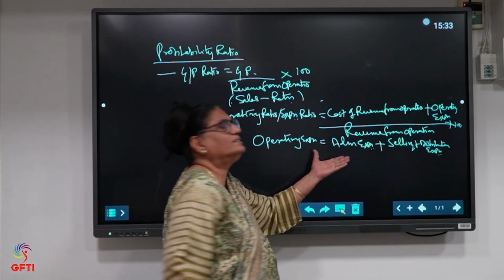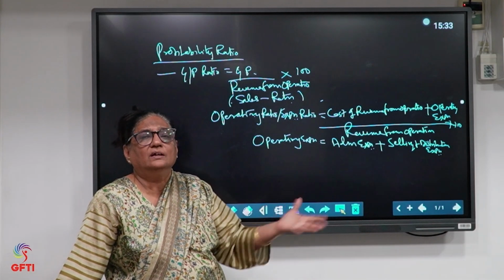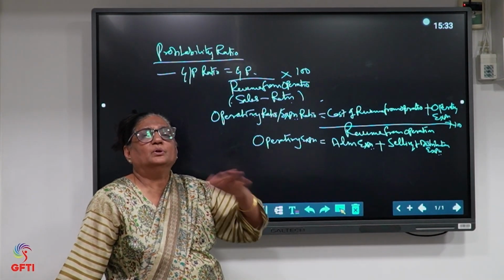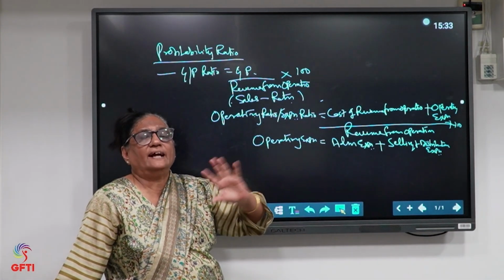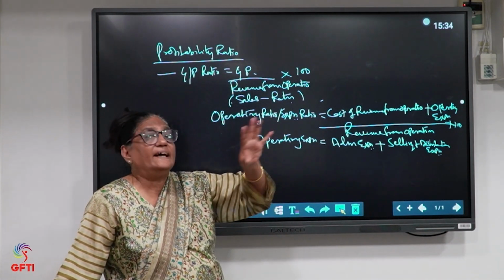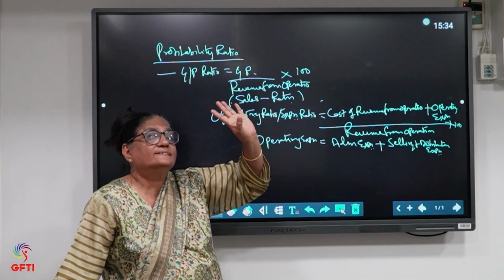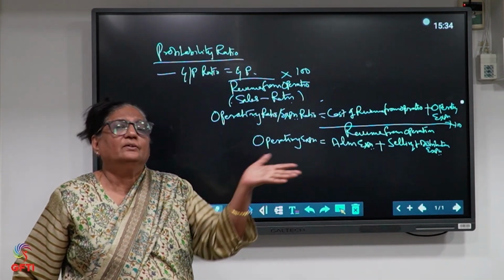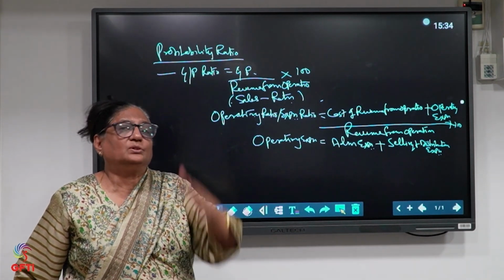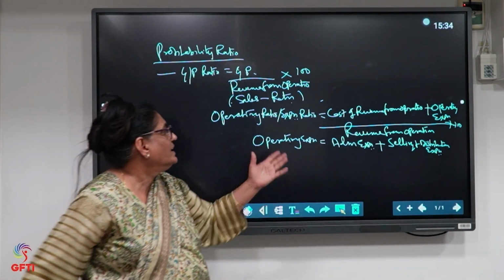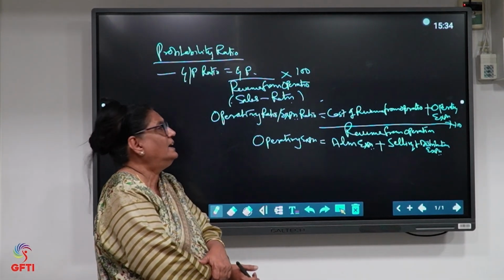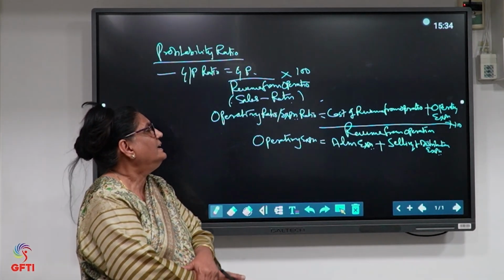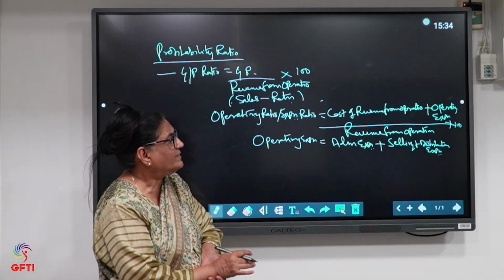Administration means all salaries and whatever expenses of the office. Selling and distribution means sales promotion, carriage outward, advertisement, all those for lifting your sales. No finance cost should be taken, such as interest on debentures. Those come in your debt equity ratio, solvency ratio. We will see that later. Let us study part by part. Understood? Cost of revenue from operation plus operating expense divided by revenue from operation into 100.